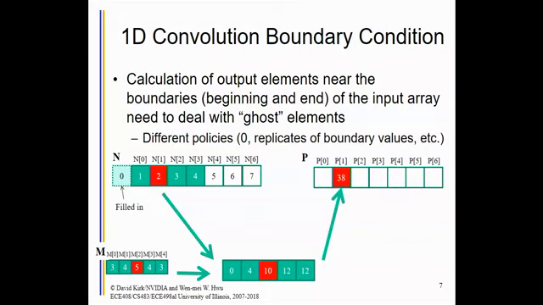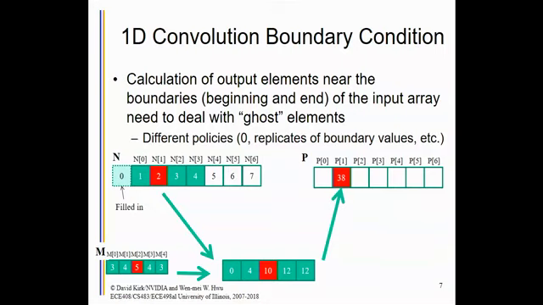When we calculate output elements near the boundary, let's say P1 or P0, there's a good reason why I started with P2 and P3. P2 and P3 are good because all the 5 elements they need in the calculation are within the valid boundary of the original data.